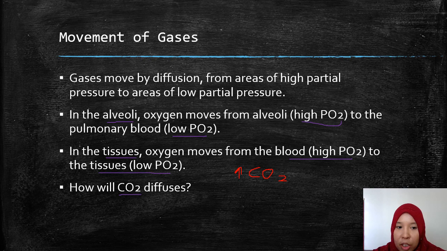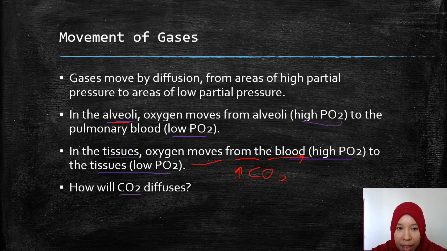right? From tissue to the blood, right? And in the alveoli or in your lung here, where does carbon dioxide move to? So now coming back to your lung, the blood that has very high carbon dioxide travels to your lung so that your lung will remove the carbon dioxide from your body, right?